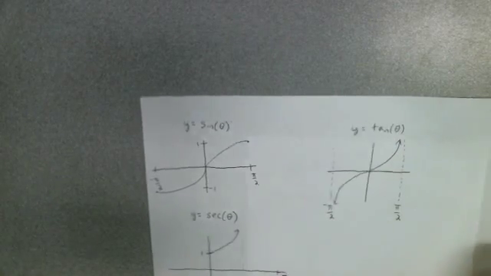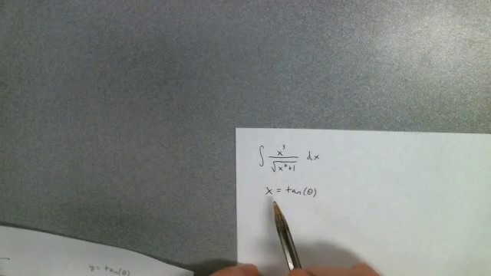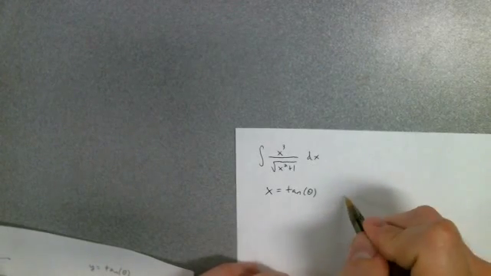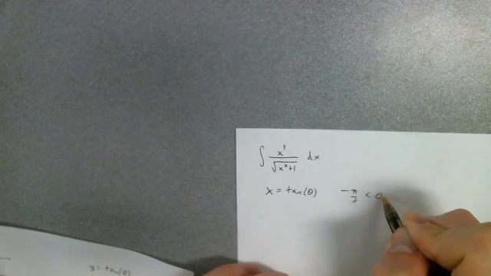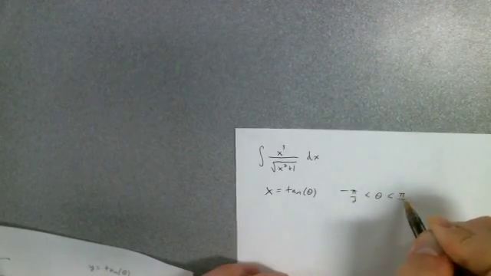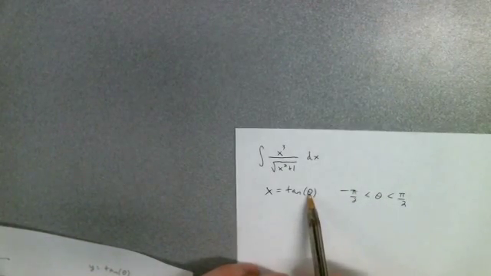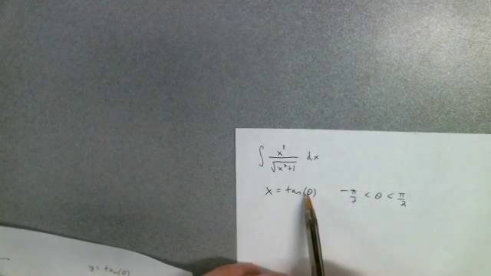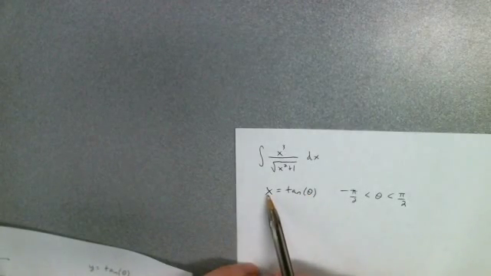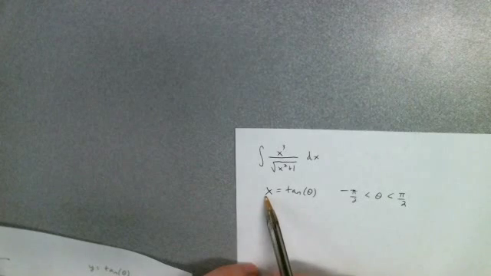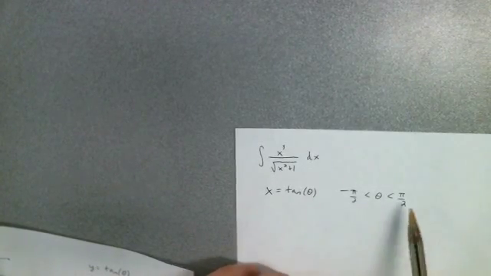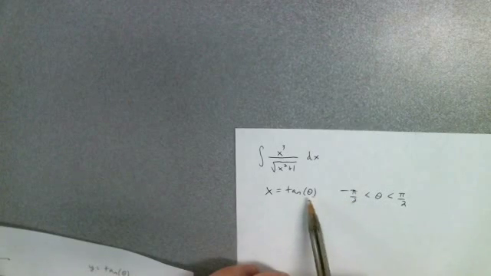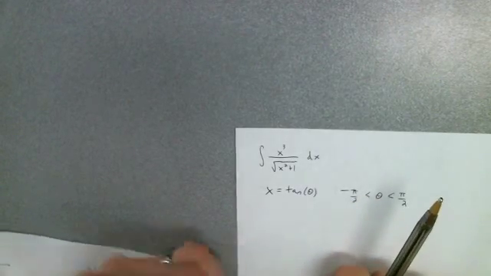So we can always find an angle theta between negative pi over 2 and pi over 2, where x is the tangent of theta. Yeah, so for some angle theta, the tangent of theta will give our x value, no matter what we choose x to be. So we can indeed let x be the tangent of theta if we choose the correct angle theta. Okay?